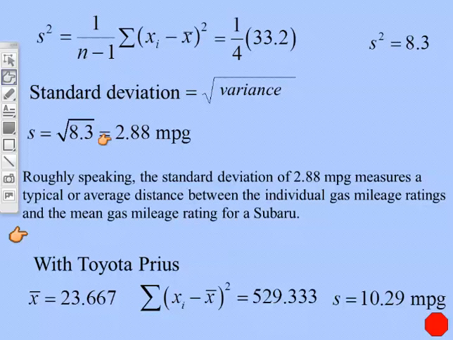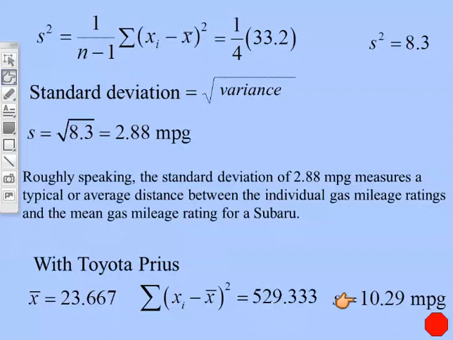Now, compare that with a Toyota Prius, which has an X bar, an average, of 23.66, and a standard deviation of 10.29 miles per gallon. What is the difference between these? Okay? You're talking about 19.6 with 2.88 and 23.66 with a 10.29.